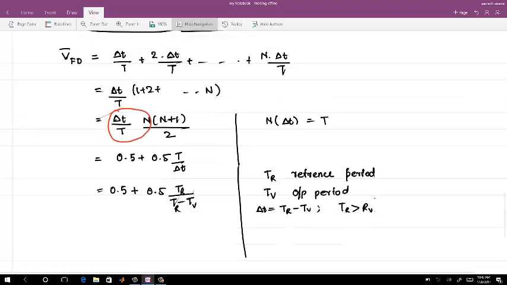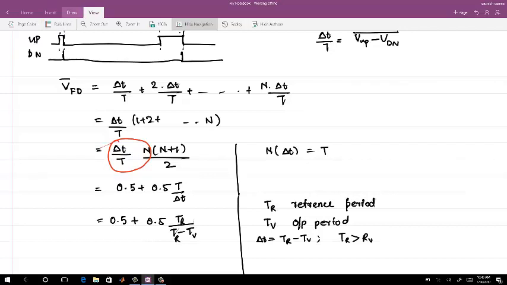Okay, for that I am using these terms. No, so you need to do the entire average.